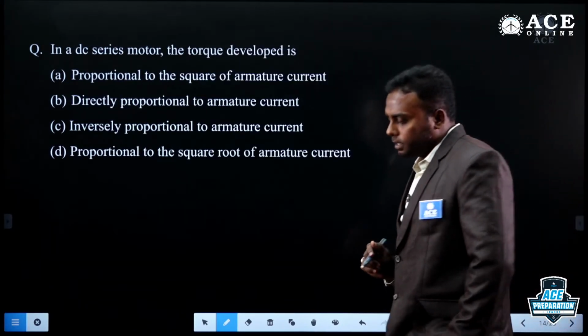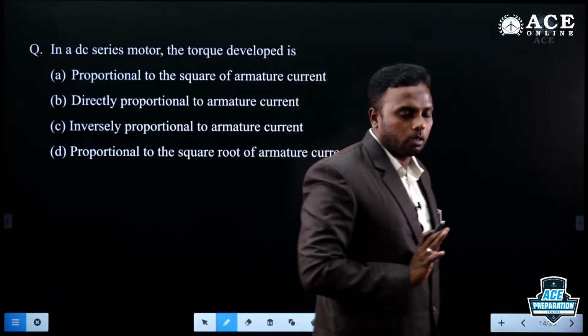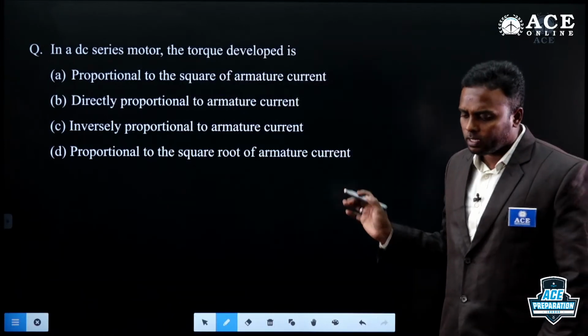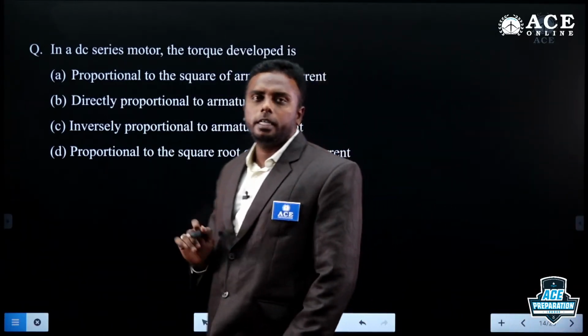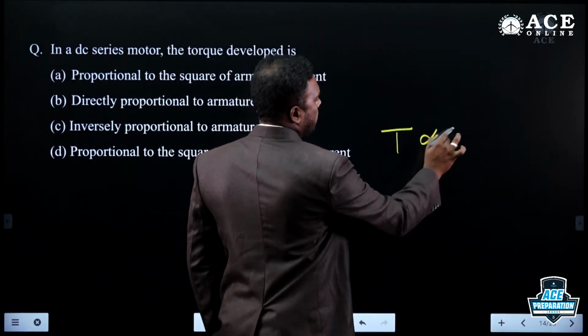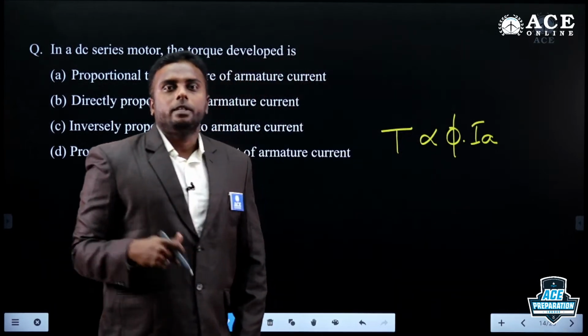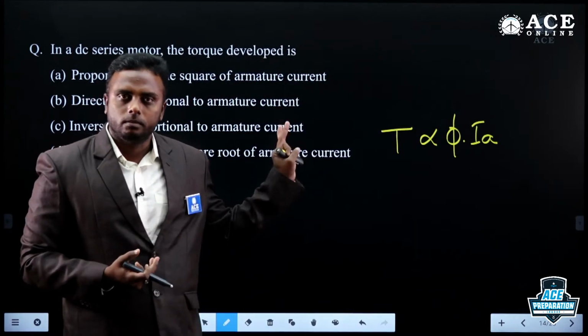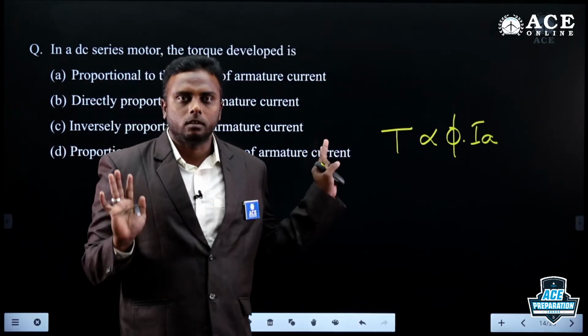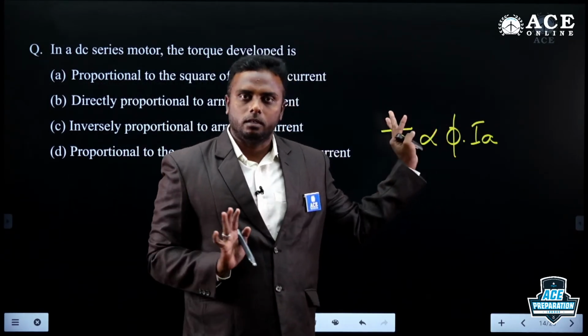Next, in a DC series motor, torque developed is proportional to dash. Torque in DC motors is proportional to the product of flux and current. If it is a shunt motor or a separately excited motor, flux is constant. So whenever flux is constant, torque is proportional to only current.